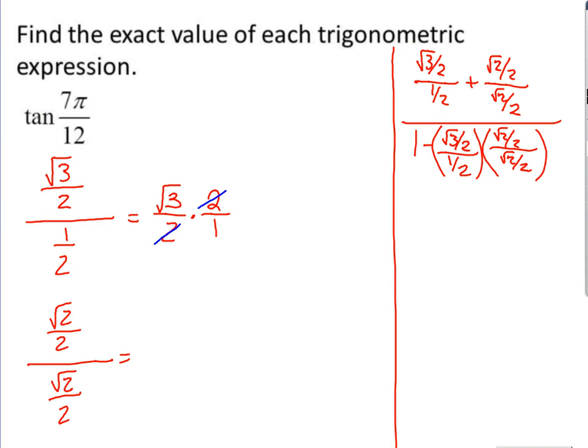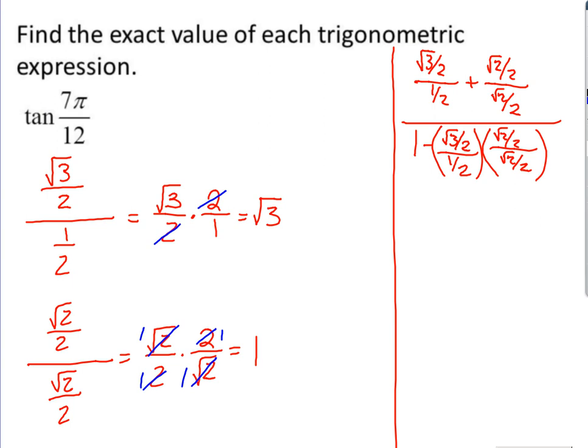And if we multiply straight across, we're just left with radical 3. Over here, if we multiply by the reciprocal, we're multiplying by 2 over radical 2. These cancel and leave me with 1. These cancel and leave me with 1. So if we multiply straight across, we're just going to get a value of 1.